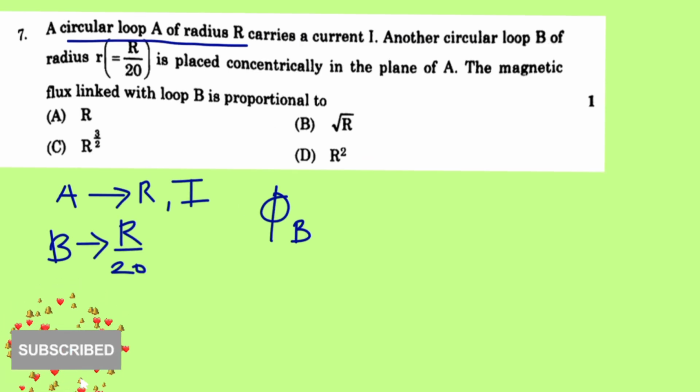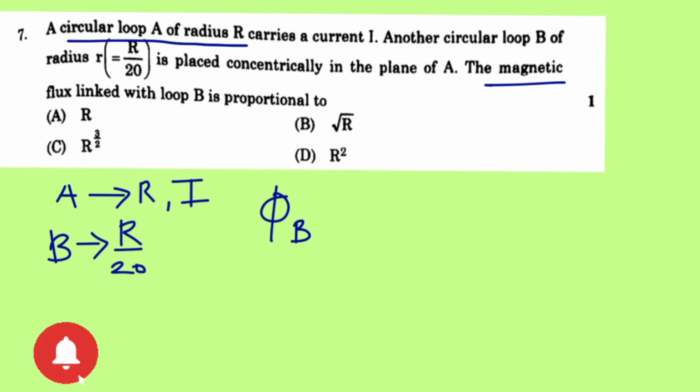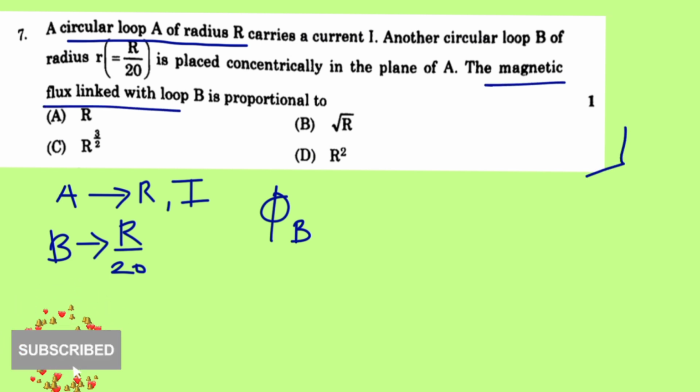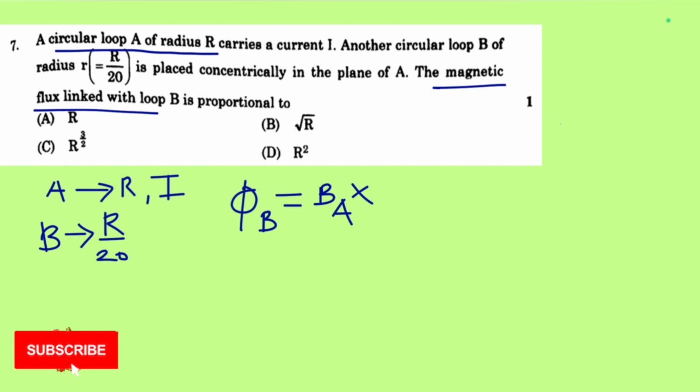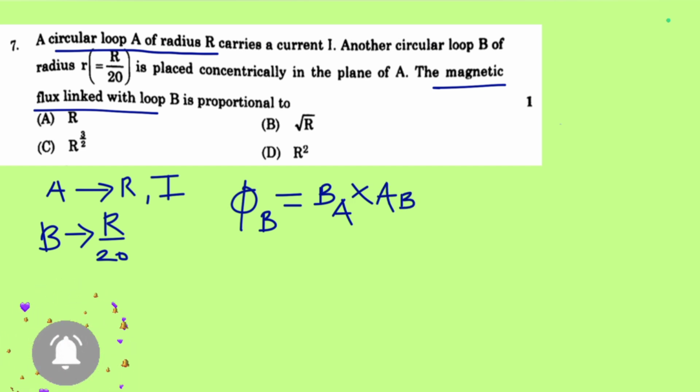Now we have to find the magnetic flux linked with the loop B, and that flux will be generated due to the magnetic field of the loop A. For that we have a simple formula: phi B is equal to B A, that is the magnetic field of A, times the area of loop B, because we are finding the magnetic flux linked with loop B only.